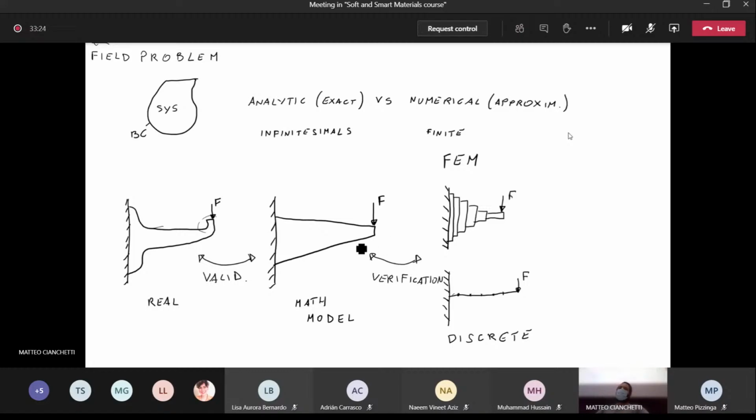So if you represent the structure like this, so the simplified one, with a number of elements, with a discretization like this, or even with a discretization like this, the kind of physics you are using and the equations that are used to solve the problem are guaranteed, so the correctness of the equations is guaranteed by the software itself. So you have to deal only with this very first step.